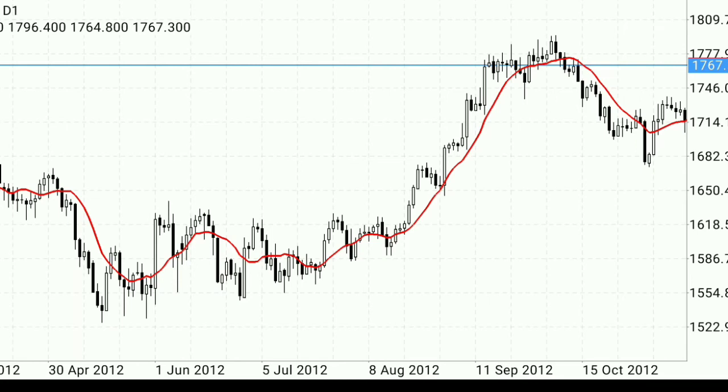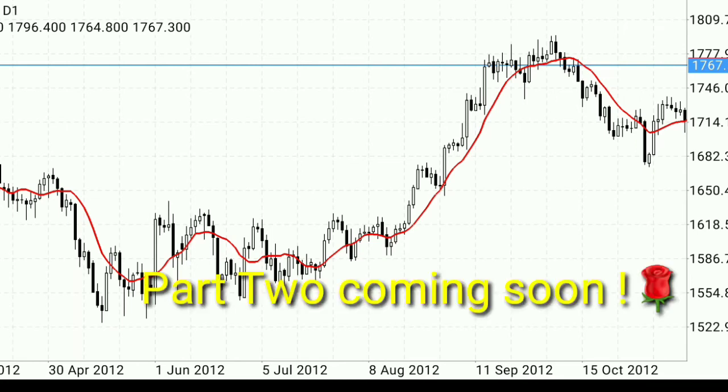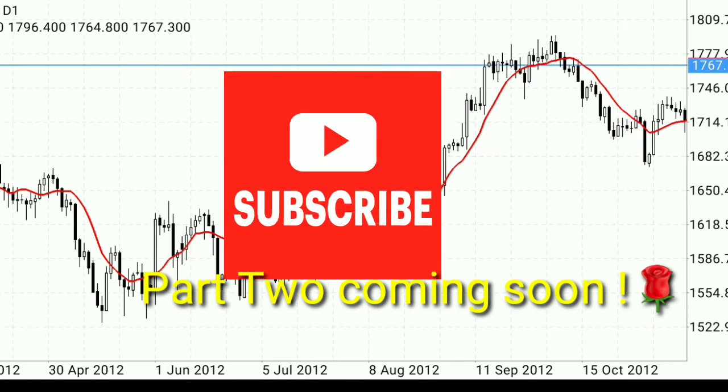So if you are buying on the 15-minute time frame, make sure you are buying based on the trend on the higher time frame.